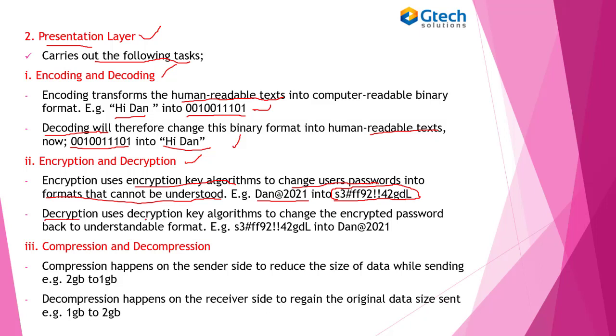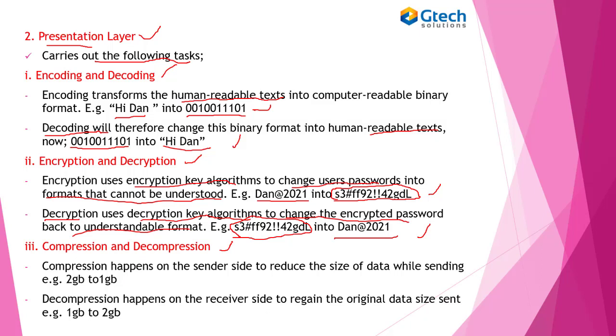Decryption uses a decryption key algorithm to change the encrypted password back to a format that human beings can understand. So this encrypted password here is changed back to "done at 2021". I hope you understand the difference between encryption and decryption.